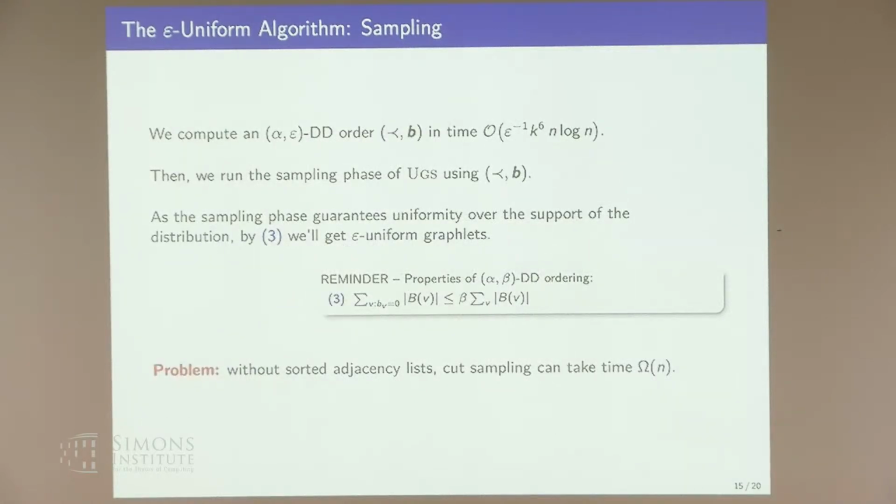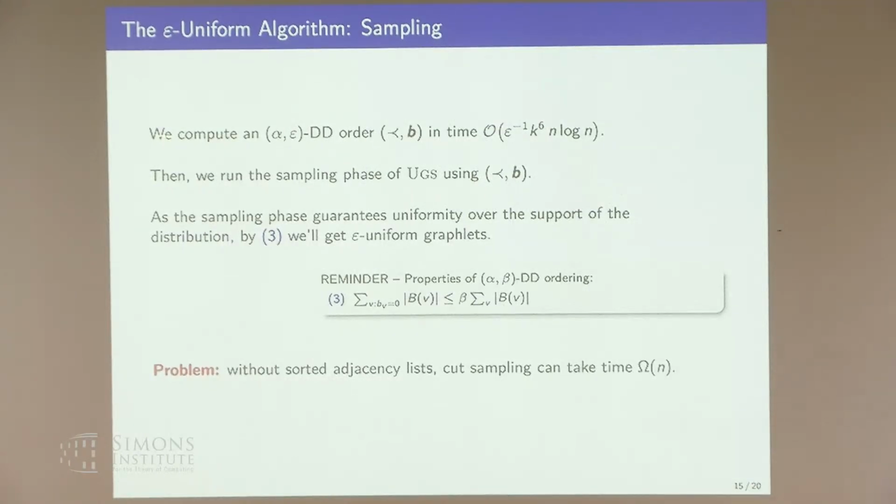So now the idea is we use this to compute this alpha epsilon degree dominating order in this magic time. Then comes the sampling phase, which is again not for free.